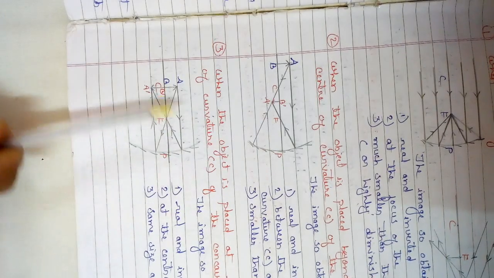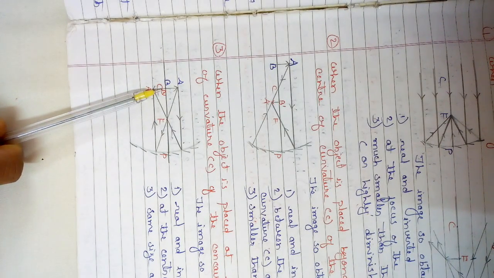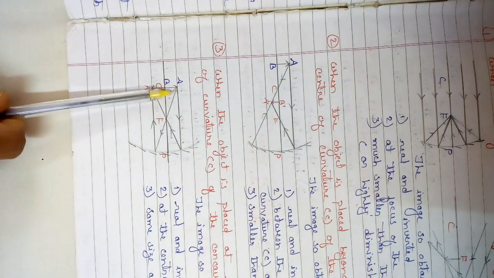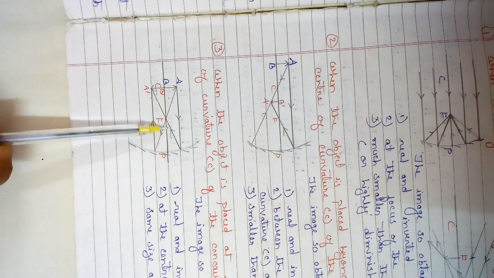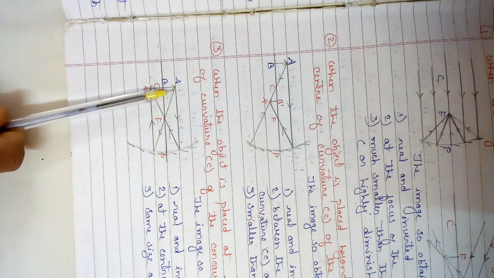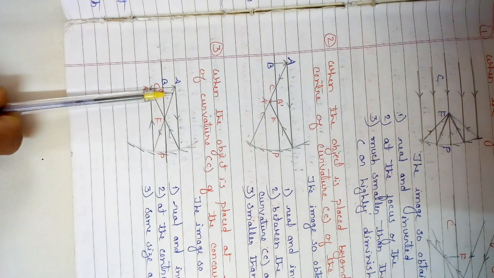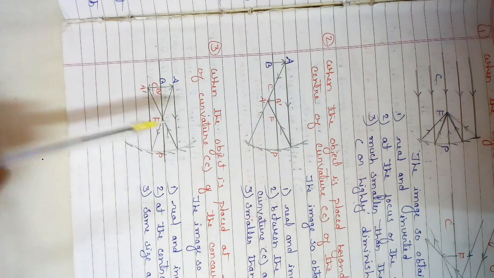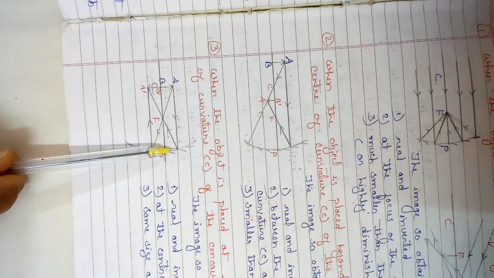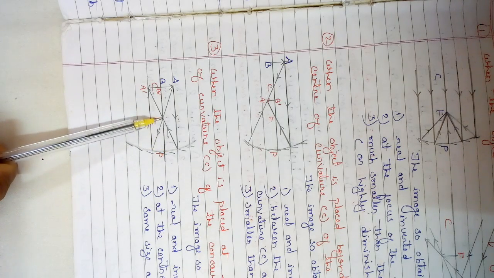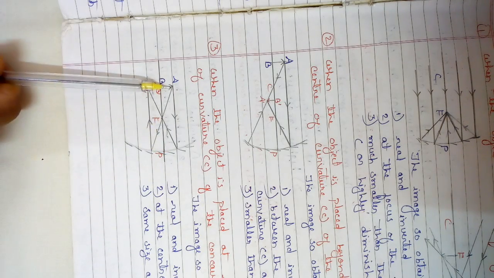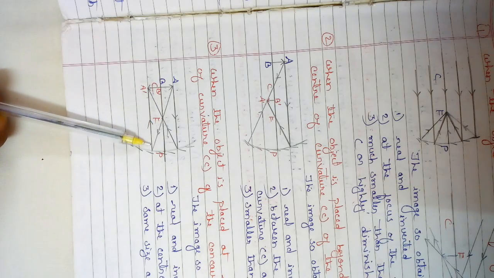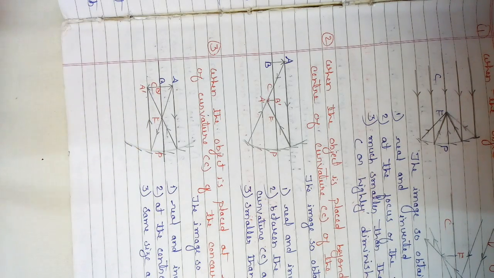Now the third situation is, when the object is placed at the center of curvature of the concave mirror. Again, we consider one ray which is parallel to the principal axis, and another ray passing through the principal focus of the concave mirror. The ray which is parallel to the principal axis will go through the principal focus after reflection, and the ray which is passing through the principal focus will become parallel to the principal axis after reflection.